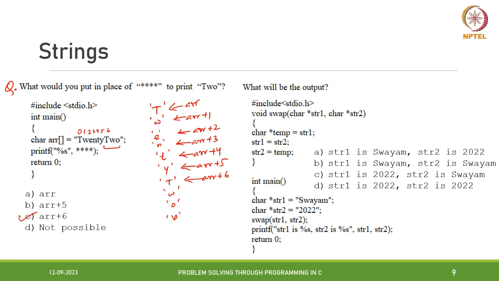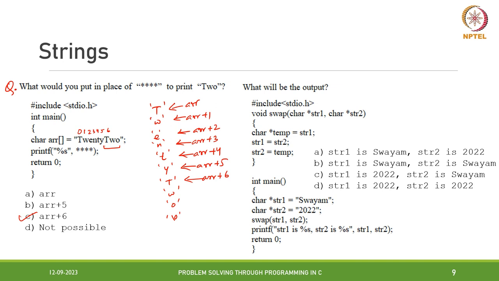Now when we say just ARR, that means we are pointing to the address of the first element of the array. If we write ARR here with %s, it will start printing from this particular element onwards, that is the first capital T. So it will print the entire 22 if we just write ARR.